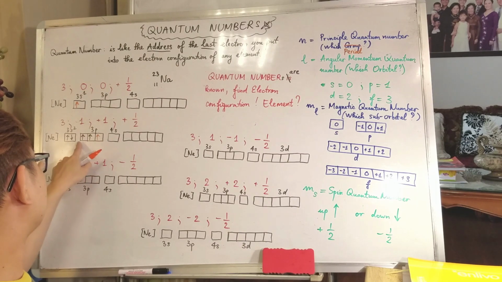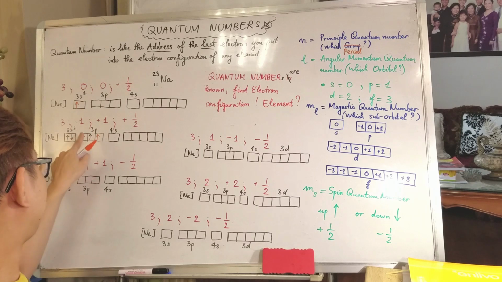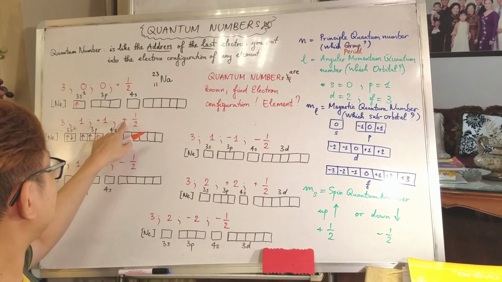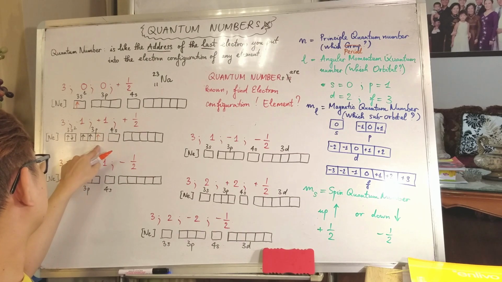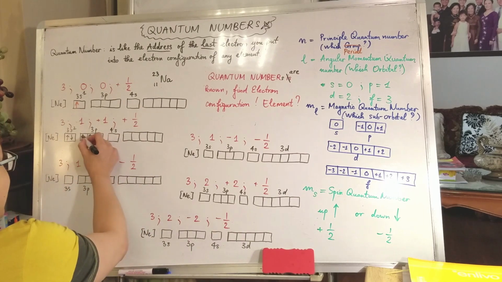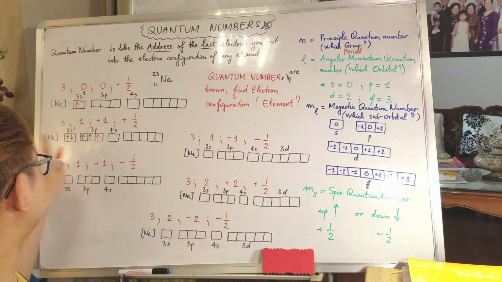So it has to be like this, up, up, and up. And then, because this one is going up, plus half, there's not going to be something like down here. No, it's just like this.